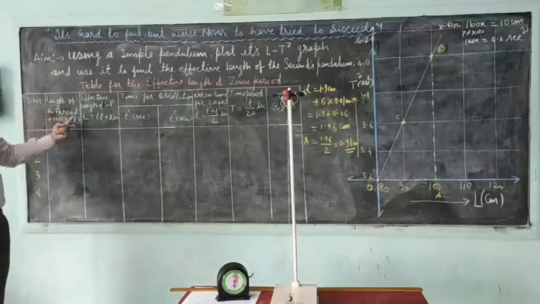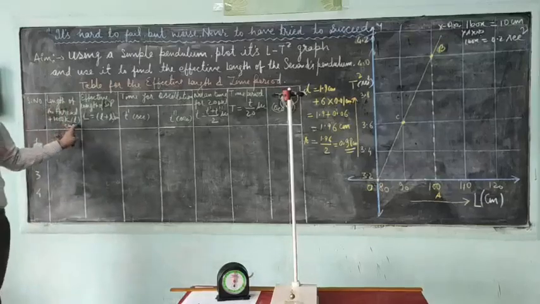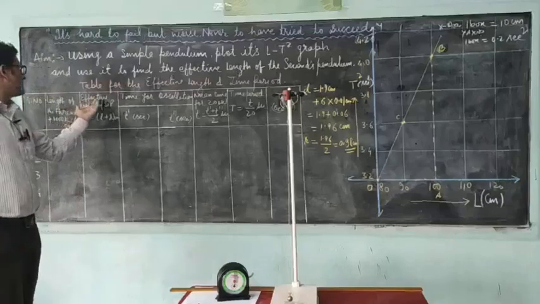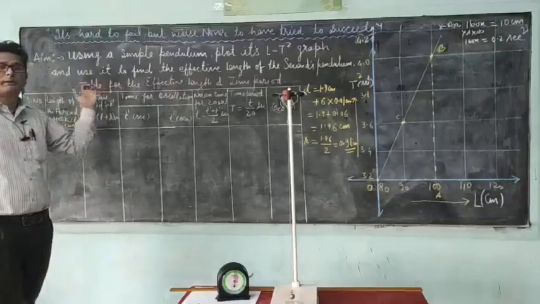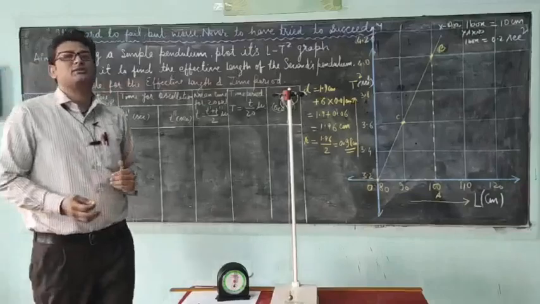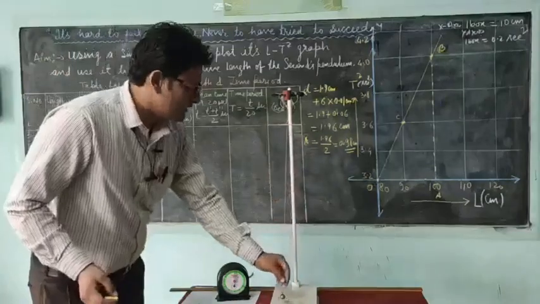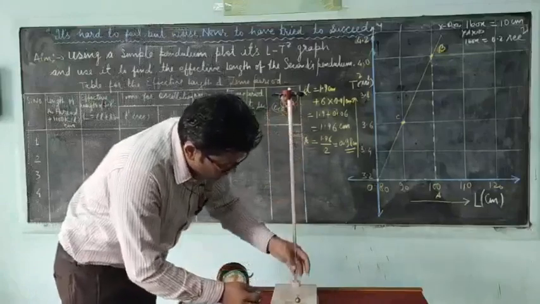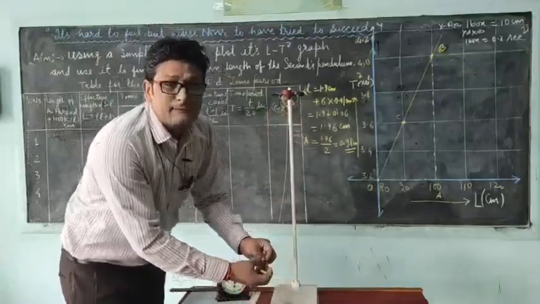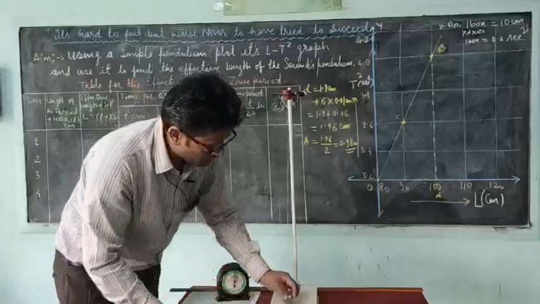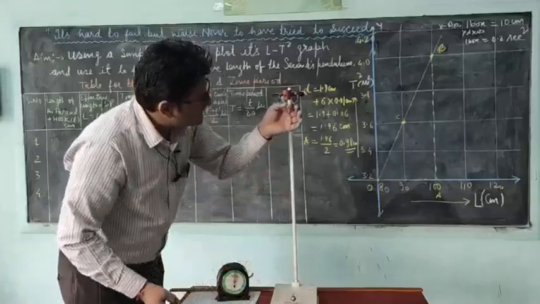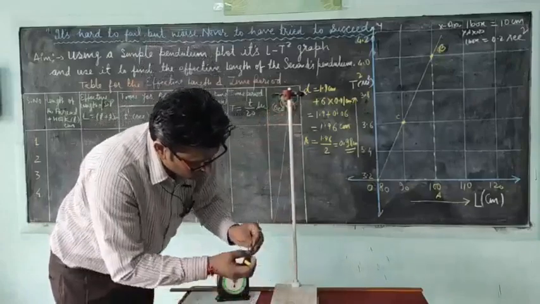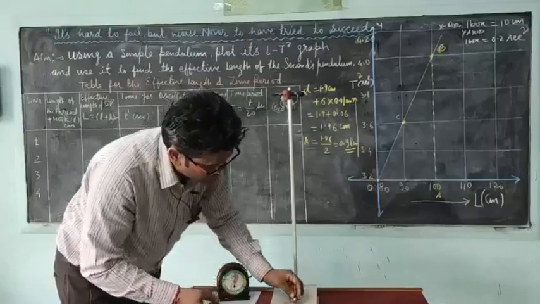The length of the thread plus hook is small l. Next is the effective length of the simple pendulum. What is the effective length? It is the length from the splitting cork to the center point of the metallic spherical ball.